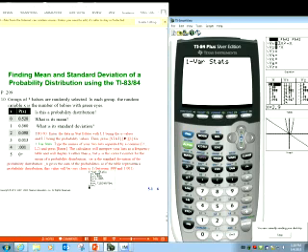It's good to have on your study guide, hey, where did we find that 1-Var Stats? Or I don't remember where to go on my calculator to find the mean of a probability distribution. So you'll see on the study guide, I have a place to write down the steps you punch on the calculator in order to find the mean and the standard deviation of a probability distribution.